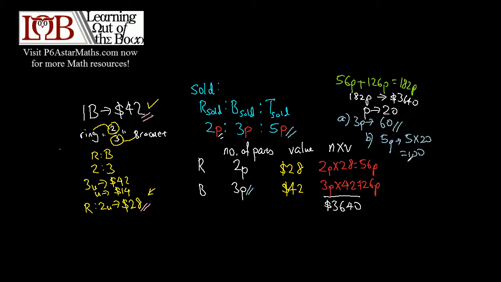And we know that there are, let's see. Okay. And for unsold is actually 2 times 100, which is equals to 200.